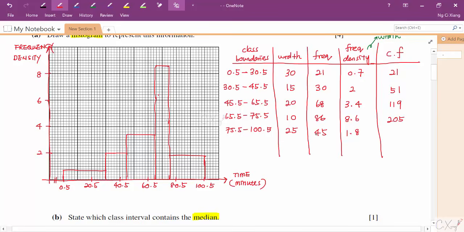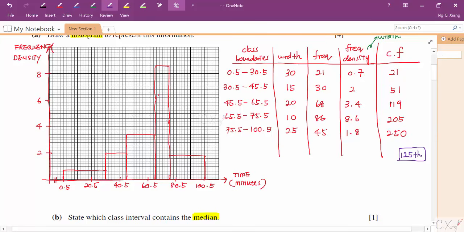And if I add 45, I will get 250. When we have 250, median means the center position for the whole set of data. So the center of 250 will be 125. We need to look for the data that's at the 125 position.